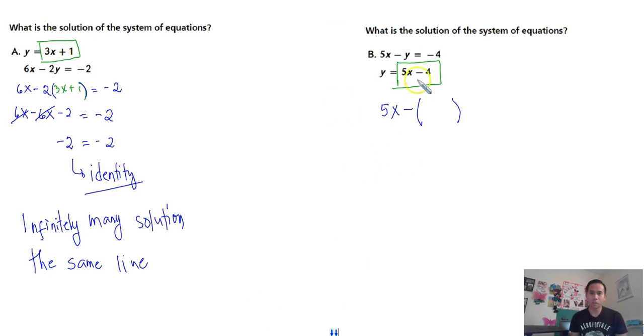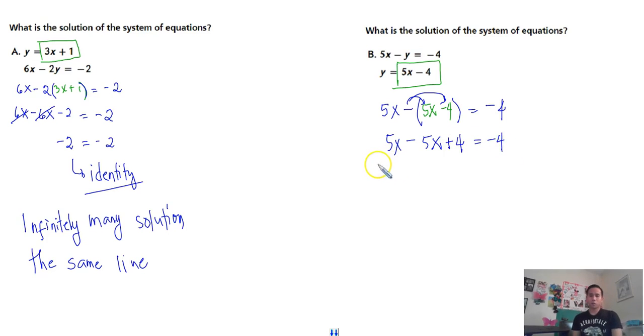So minus (5x minus 4) is equal now to negative 4. Negative 4 here. So 5x minus, because I'm going to distribute my negative, minus 5x plus 4 is equal to negative 4.